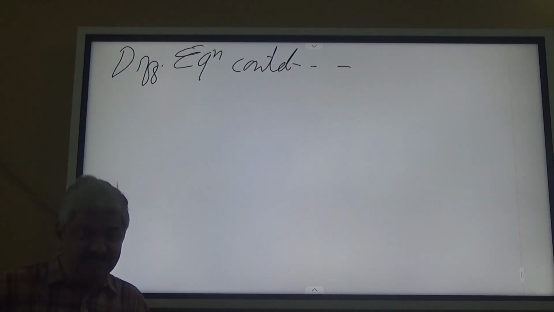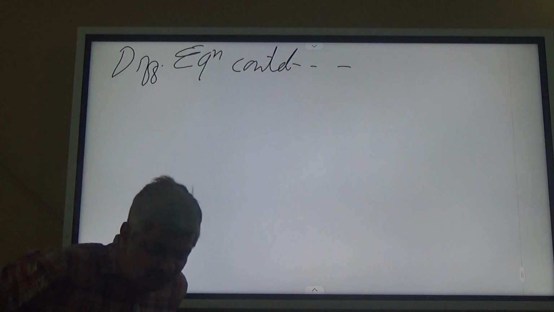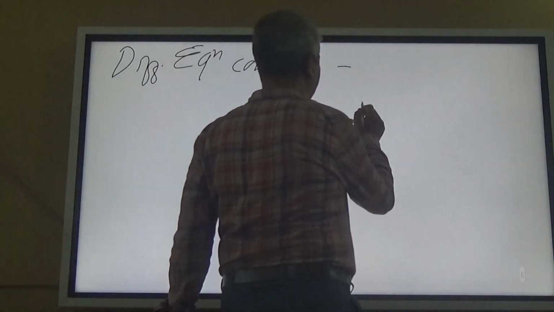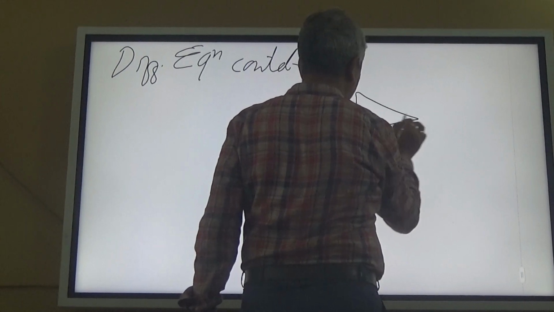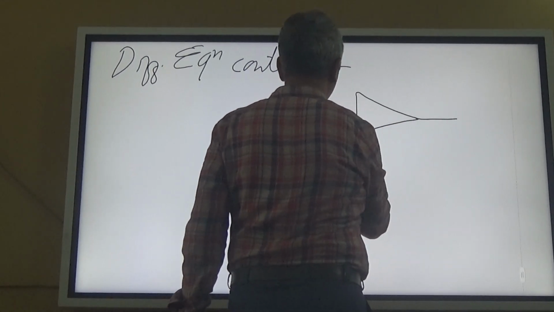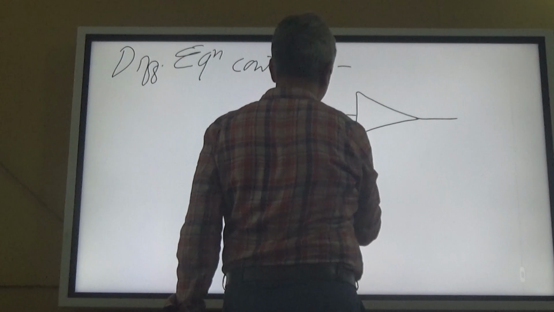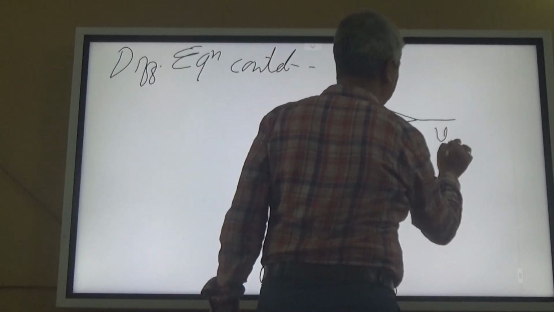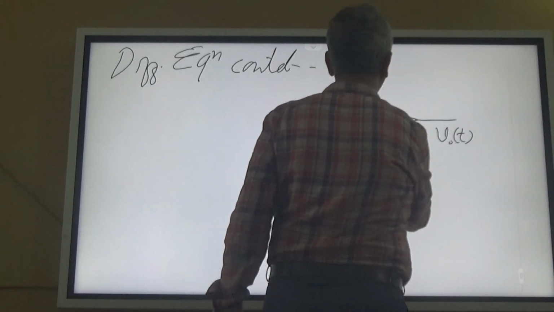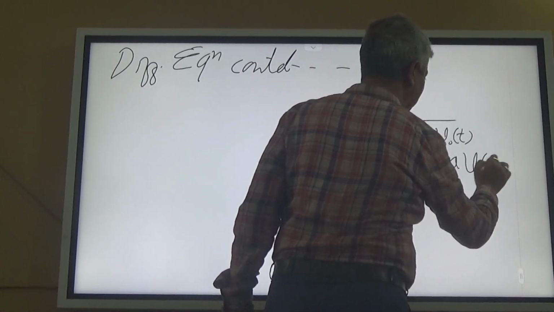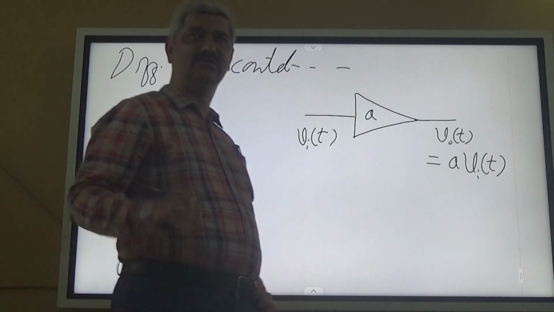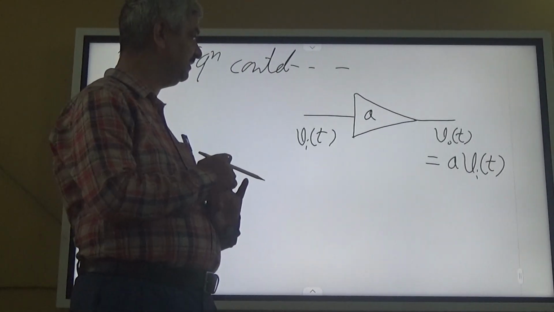Not an ideal op amp, but in general an amplifier, that is, a device where if input is Vin(t), output Vo(t) is equal to A into Vin(t). Is it clear?